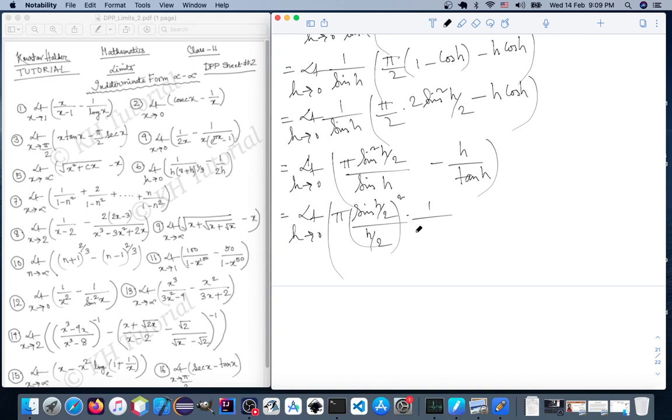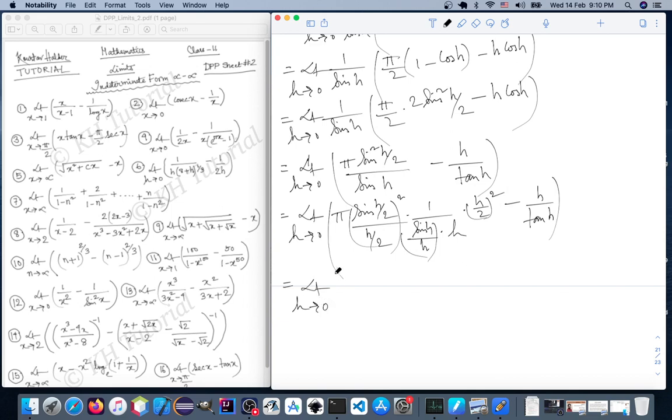Over here I will write sin h by h and adjust the h. We need to adjust this h by 2 whole square, and over here we have h by tan h.